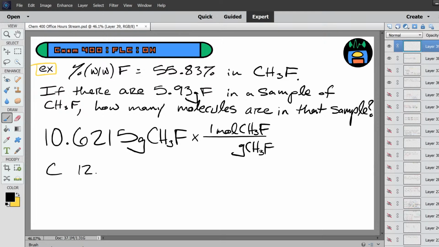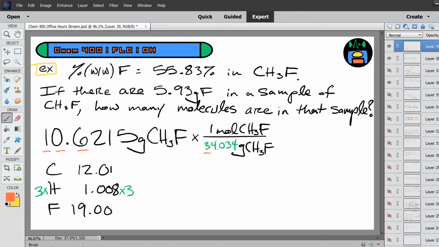Carbon is a mass of 12.01. Hydrogen, 1.008. Fluorine, 19.00. We have 3 hydrogens in the mix here. So 1.008 times 3 plus 12.01 plus 19 is 34.034. Remembering that this has 3 sig figs and this has 4.